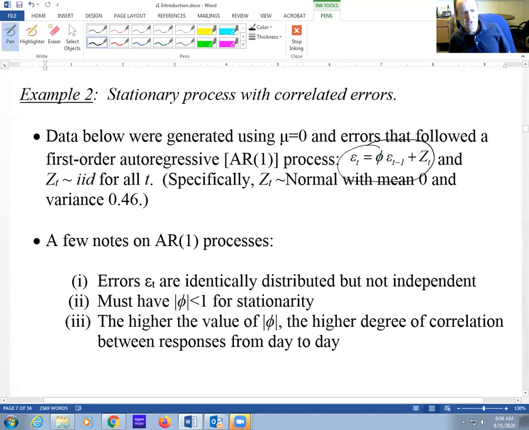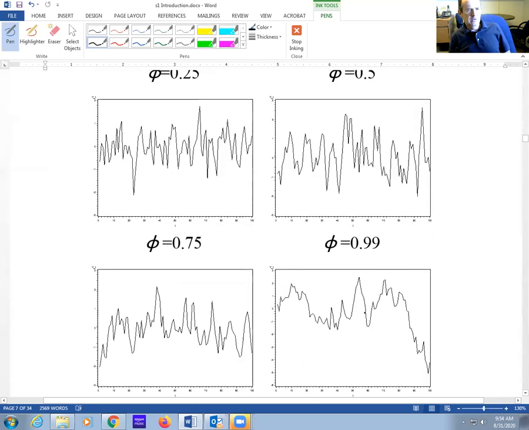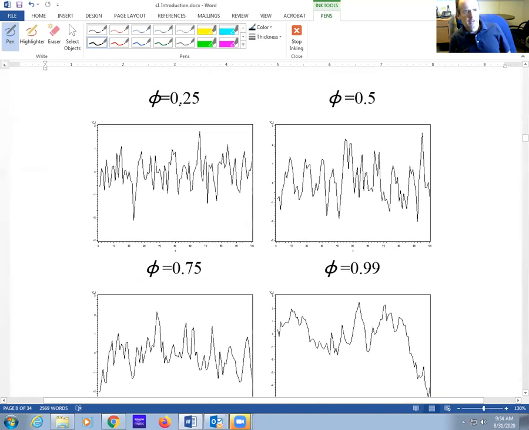To have stationarity in the AR1 process, the absolute value of phi has to be less than 1. And the higher the absolute value of phi, the higher the degree of correlation between responses from day to day. This is just simulating some data. If we have phi of 0.25, there's some correlation from day to day, but you really don't see it too much.